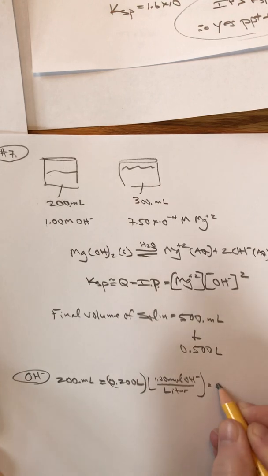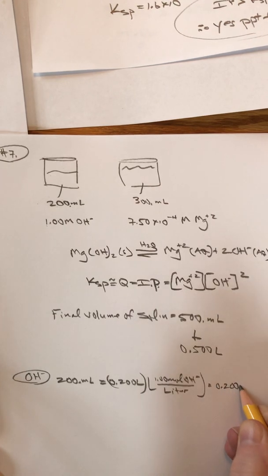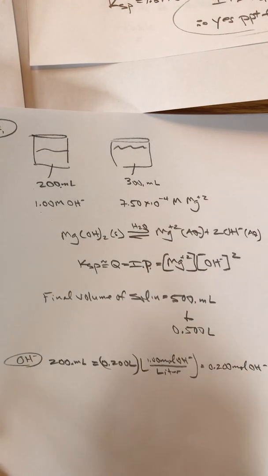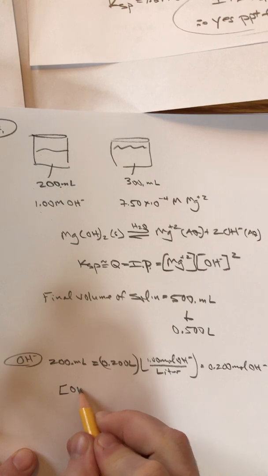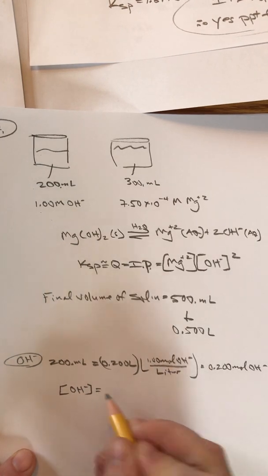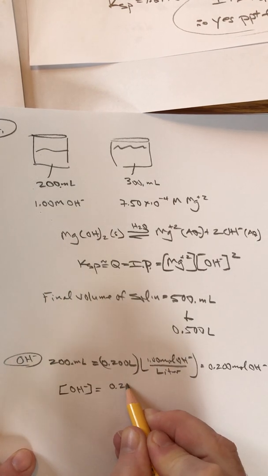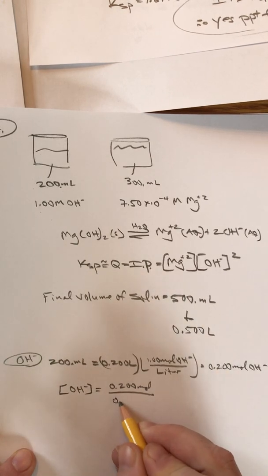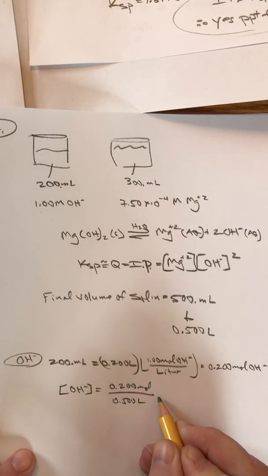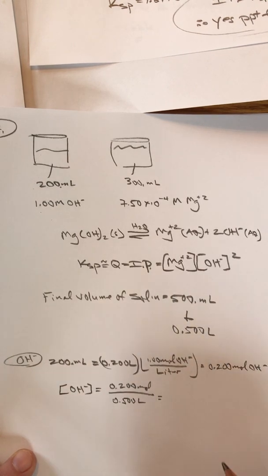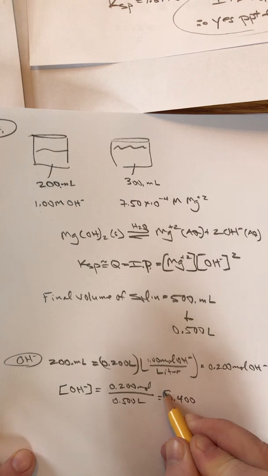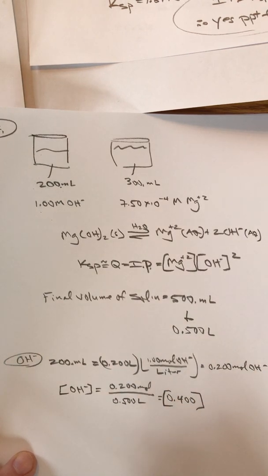So that's 0.200 moles of the hydroxide ion. So if I want to know my hydroxide ion concentration in the final solution, it was 0.200 moles. My final volume of solution was 0.500 liters. 0.2 divided by 0.5, that's 0.400 moles per liter for hydroxide.